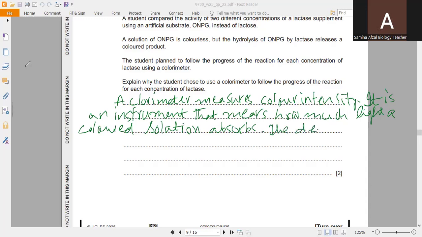The deeper the color, the more light is absorbed.